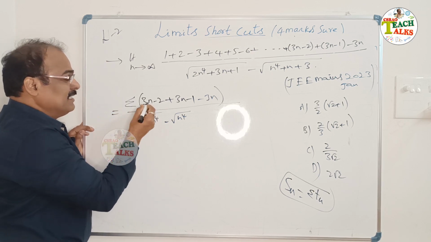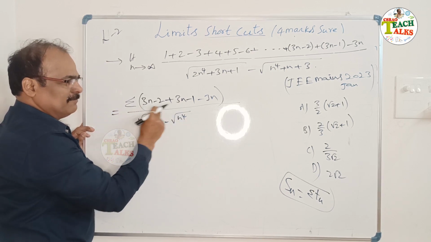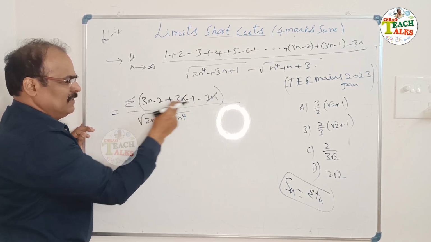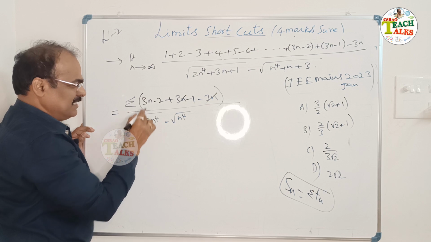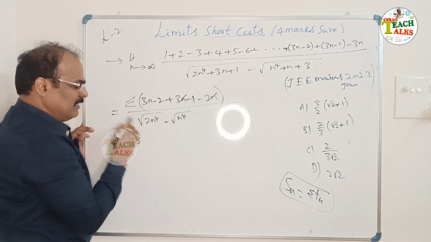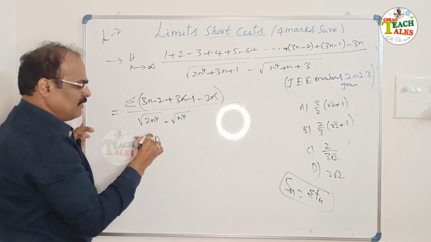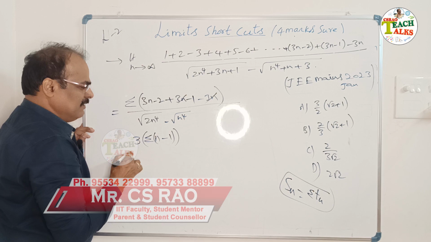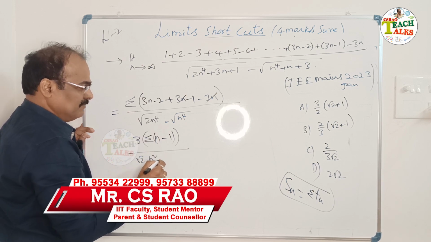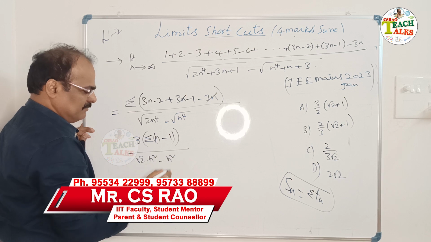Next you see, here sigma, you have to simplify it. 3n gets cancelled. What is left? 3 is common, so you get 3n minus 3. You keep the 3 outside: sigma n minus 1. And here root 2 into n square minus n square.